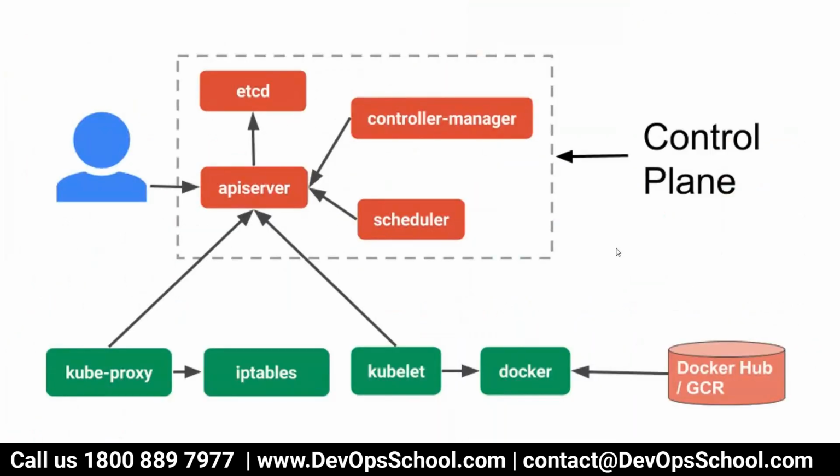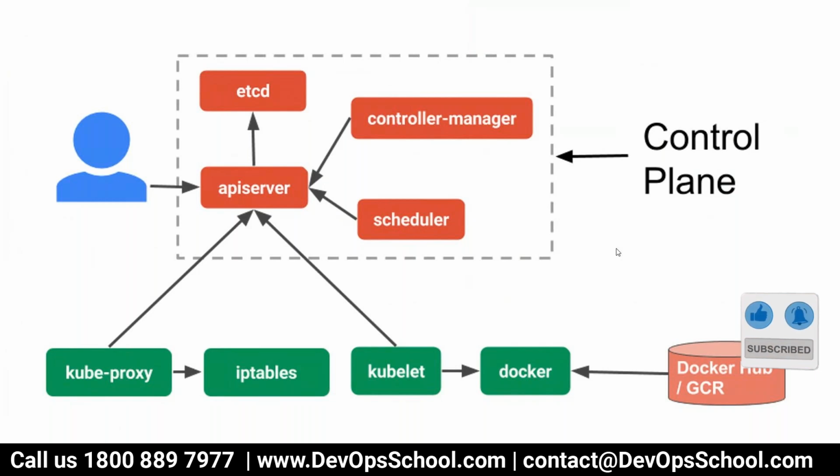So look at this. This is one of the good images, I think. Look at the arrows carefully. You are the one person who sends the request: what do you want in the cluster, what resources you want to deploy in the cluster. You send it to the API server through kubectl, if you remember.